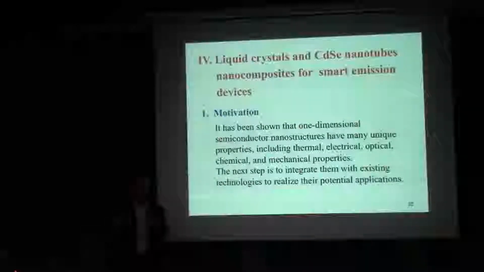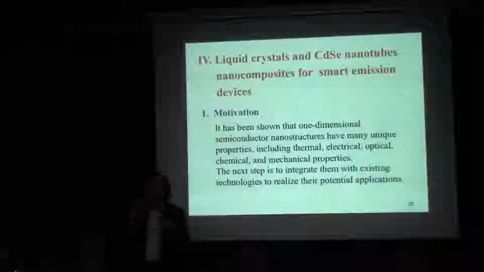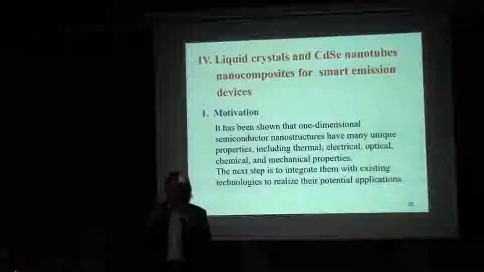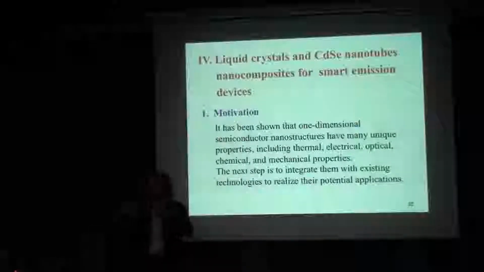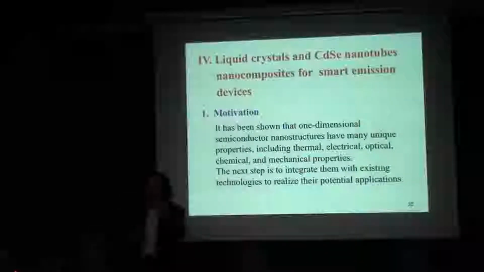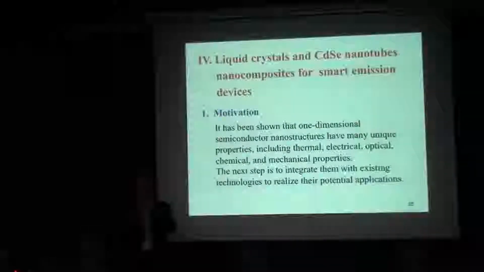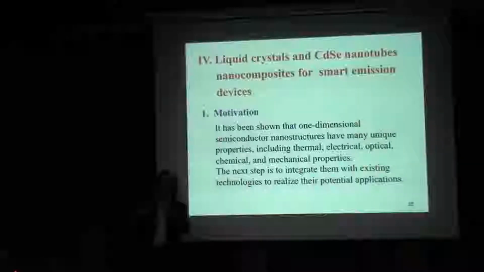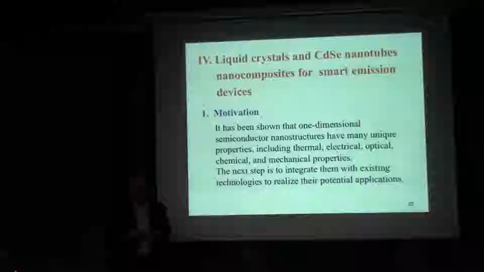If we apply an electric field to drive the orientation of liquid crystal molecule, due to the strong interaction between the semiconductor nanowire and the liquid crystal molecule, it will also simultaneously change the direction of the semiconductor nanowire.